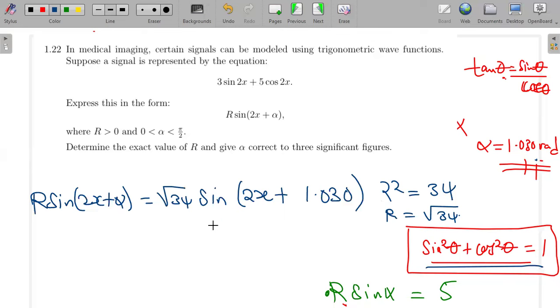So I've successfully expressed this guy in this form here. So any questions there? Because the next question we are going to use this same result here.